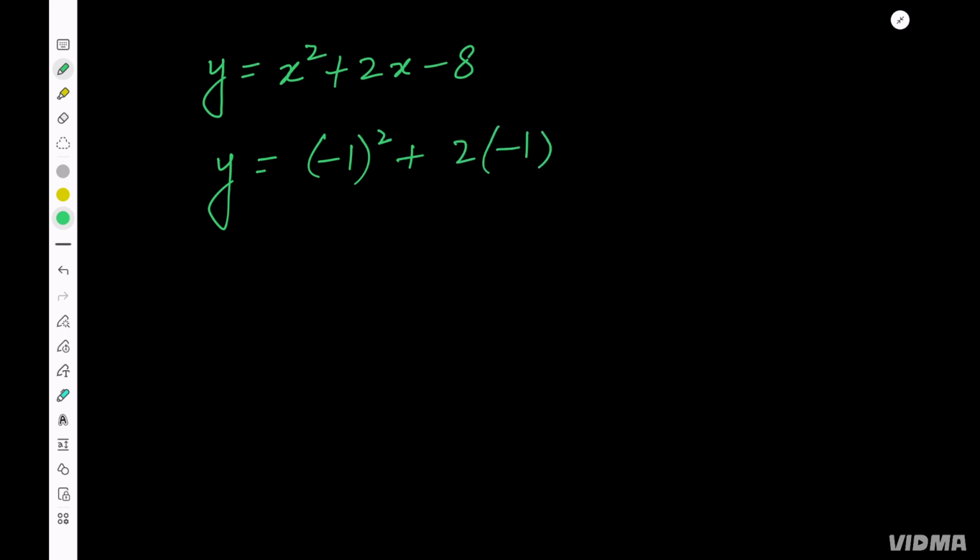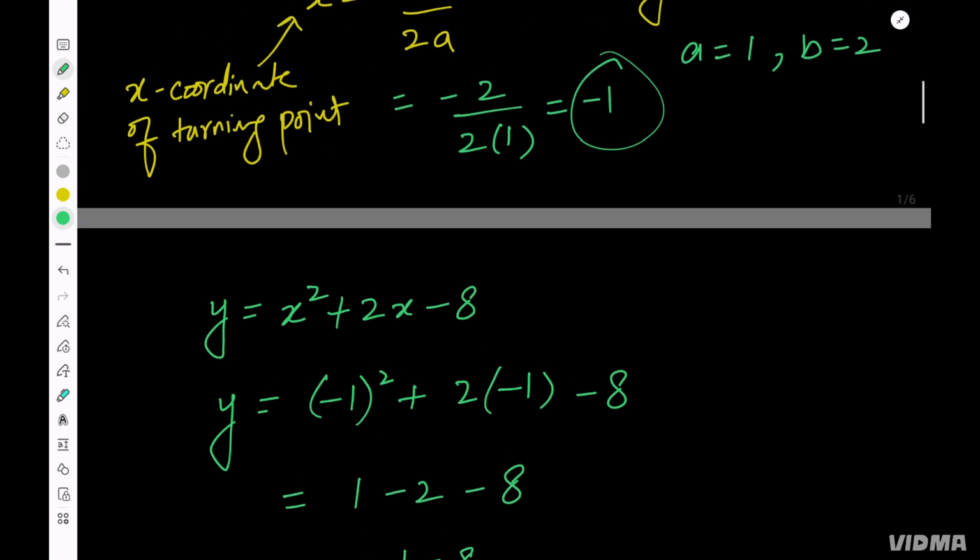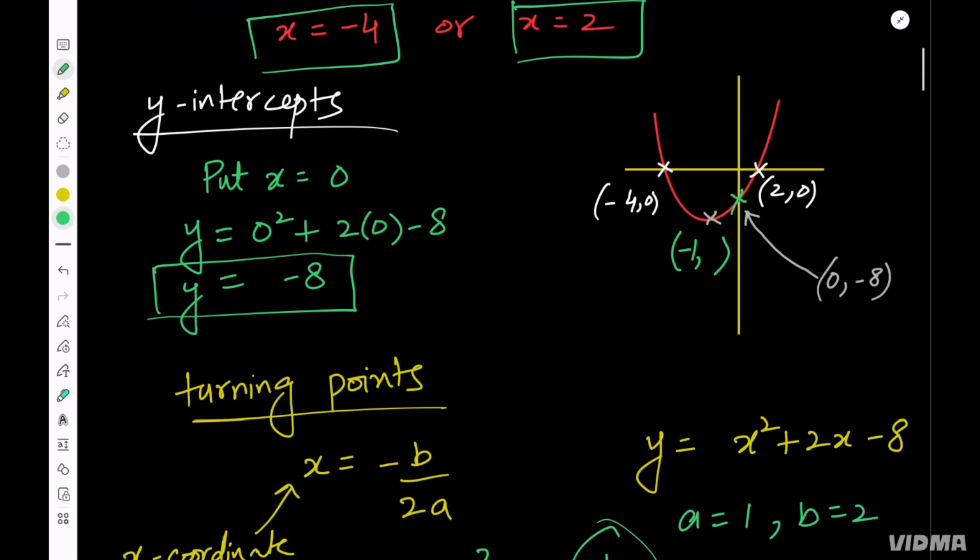So we have 1 minus 2 minus 8. 1 minus 2 is minus 1, minus 8. So the y coordinate of the turning point is minus 9.